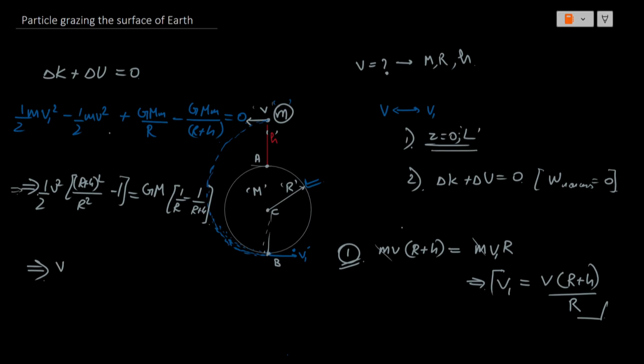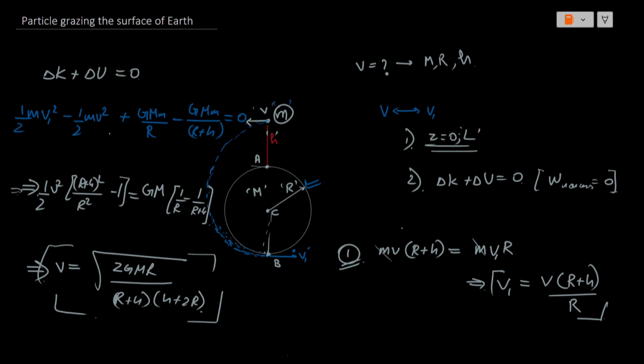Now solving for the value of small v, we get, obviously a root, root of 2GMh over R plus h times (h plus 2R) over R. So we now have the answer to the situation we had, and that brings us to the end of the question. Thank you for your time.